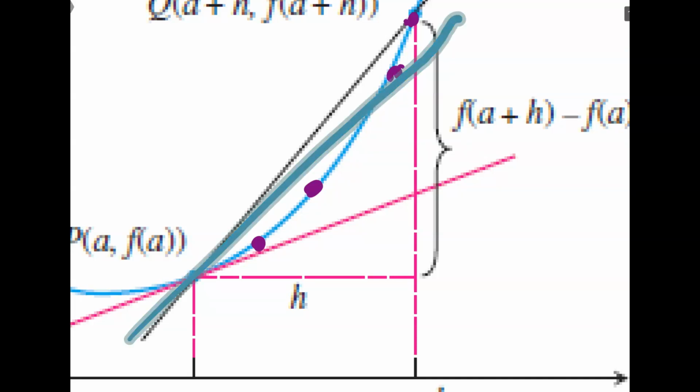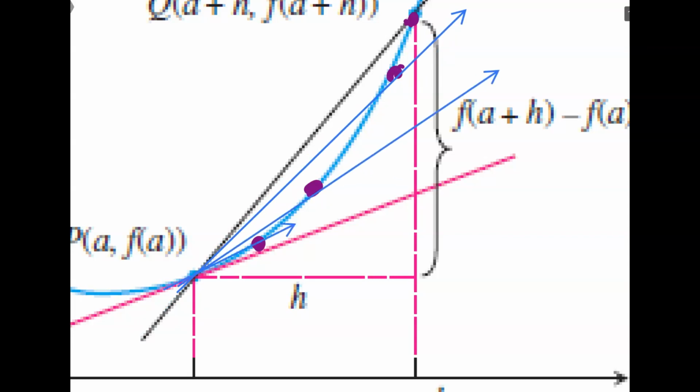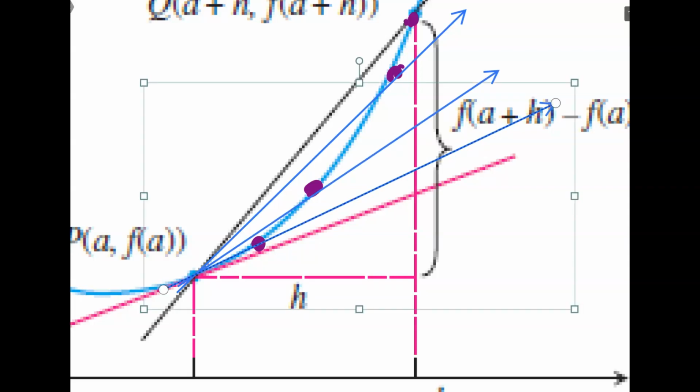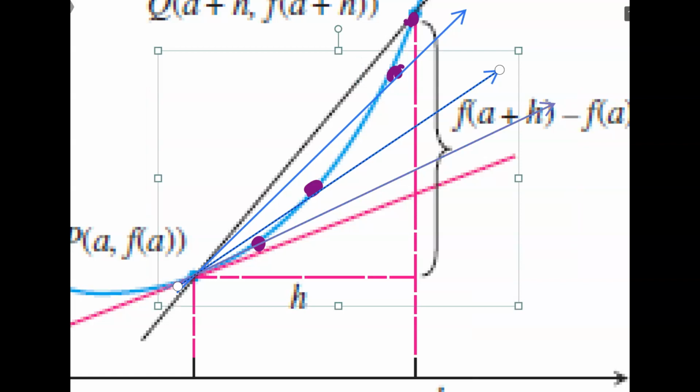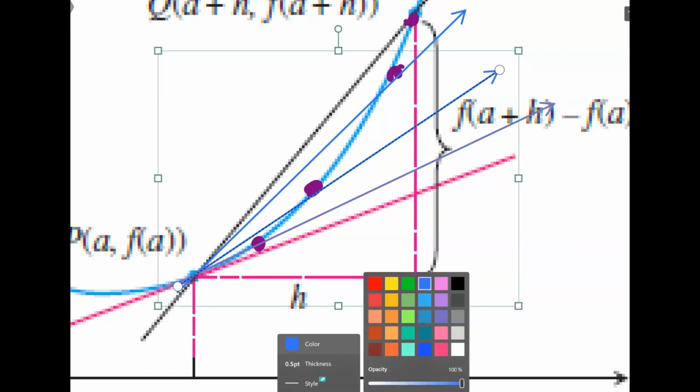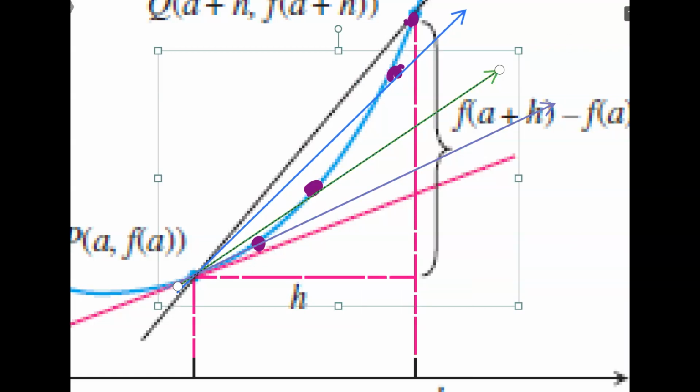So this line, notice I'm getting closer and closer to the pink one, that's the actual tangent. Yeah, this is what he discovered. That's still pretty light. I was changing the color so you can see it better.